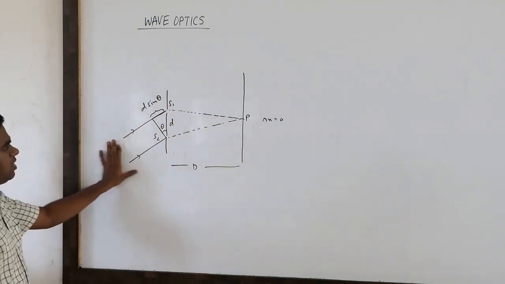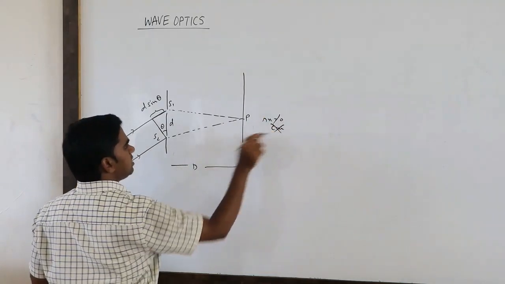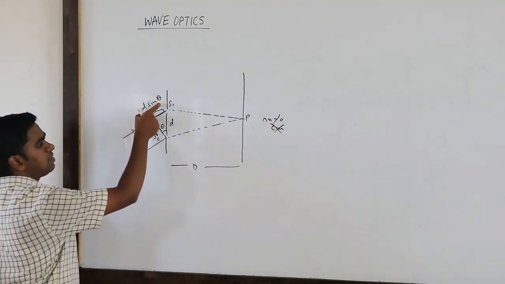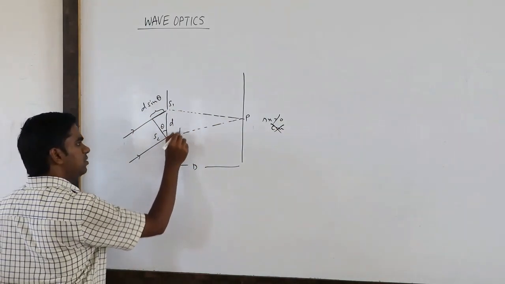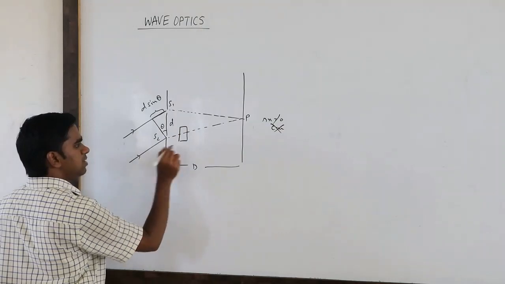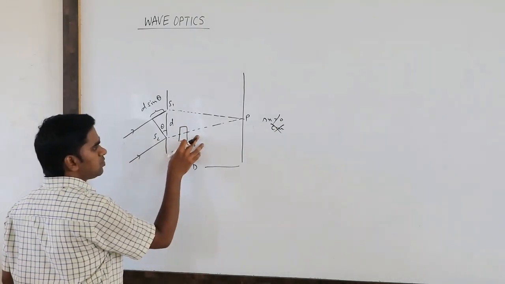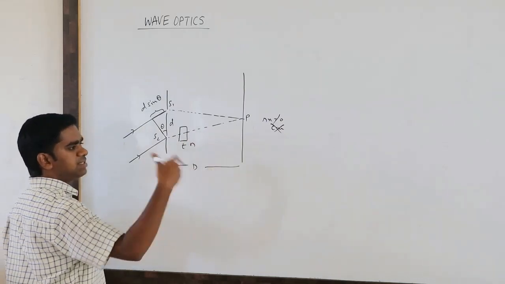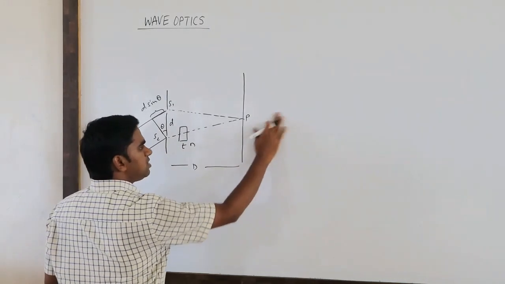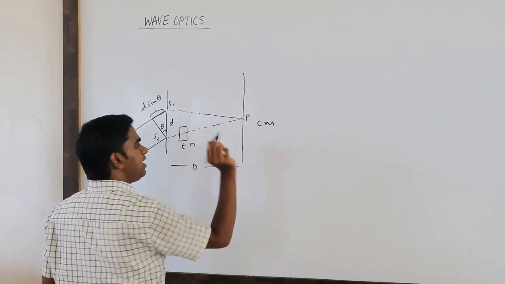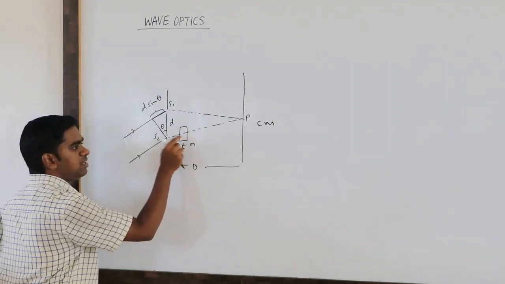Okay. Now, since it is not becoming 0, you cannot get central maxima here because this much extra path is being traveled. To compensate that, you can introduce one glass slab here of thickness t and refractive index n. If you introduce this, this ray will also travel some extra path, that is n into t. At that time, there is a possibility that you may get central maxima here. Okay, that depends on what? It depends on the thickness of the glass slab.